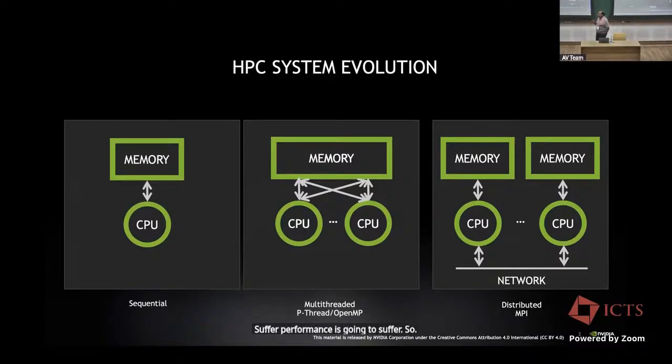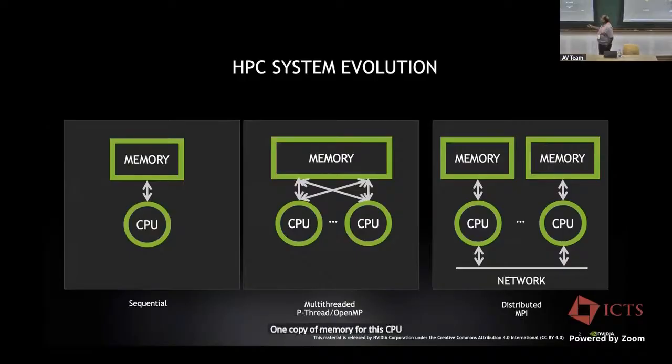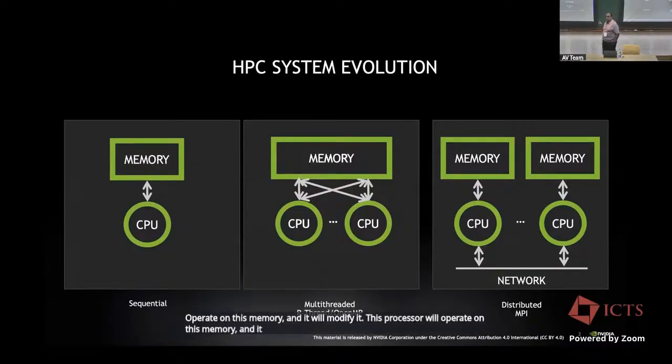So the solution people came up with is, why don't I make one copy of memory for this CPU, one copy for this CPU. So you have multiple copies for different CPUs. That is distributed memory. But then another problem comes: this processor will operate on this memory and it will modify it. This processor will operate on its memory and it will also modify it.